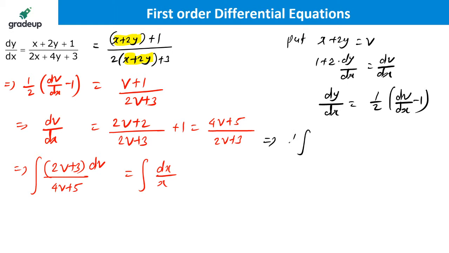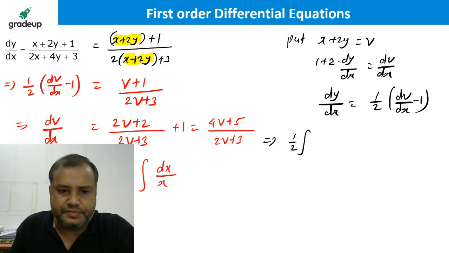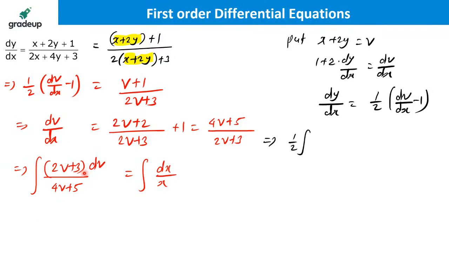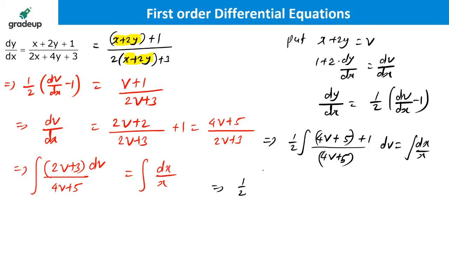So I am dividing and multiplying by 2 here. If you divide by 2 and multiply by 2, this will become 4v plus 6. 5 plus 1 is 6. dv equal to integration dx by x. And the rest you can do, I believe. 4v plus 5 upon 4v plus 5 is 1.